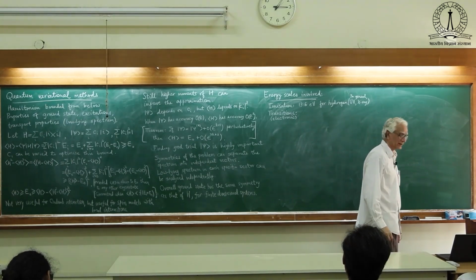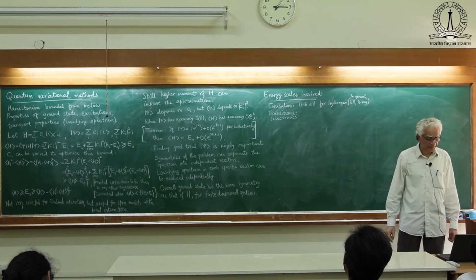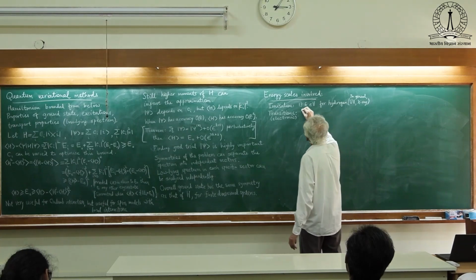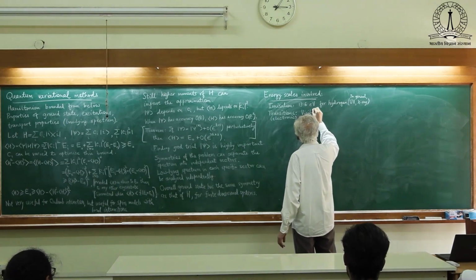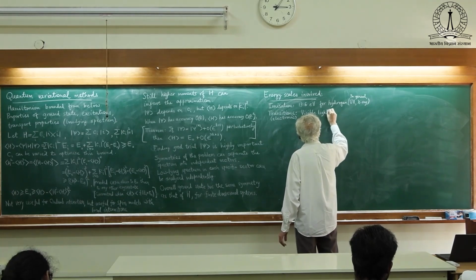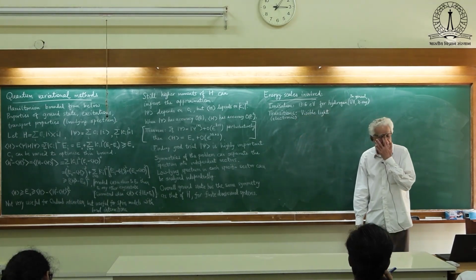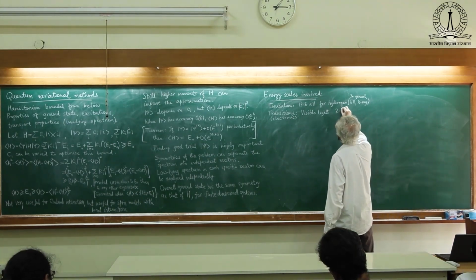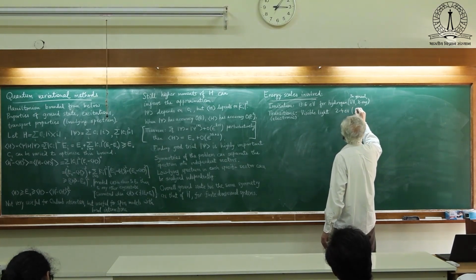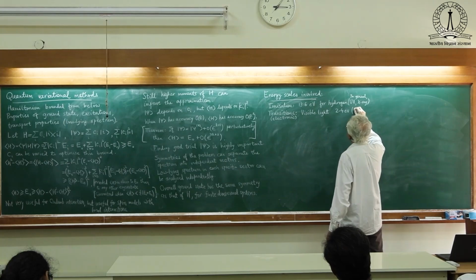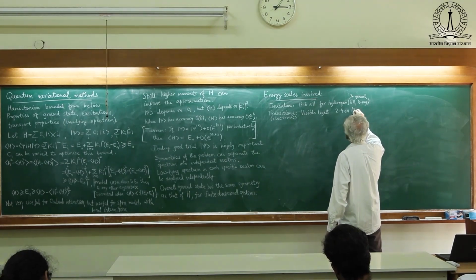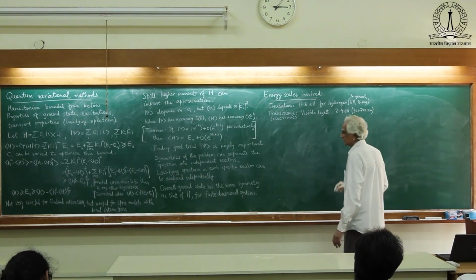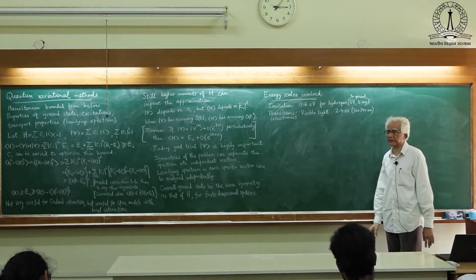And what we know is that they are all connected to visible light. And the range is 2 to 4 electron volts, and the spectrum is sometimes written in terms of wavelength. It is 300 to 700 nanometers.